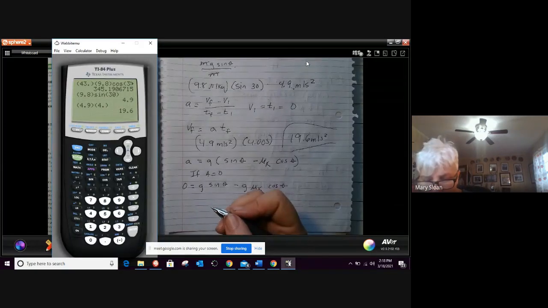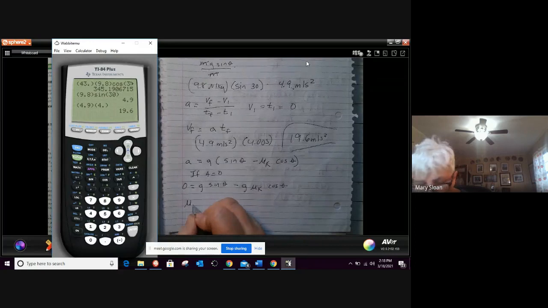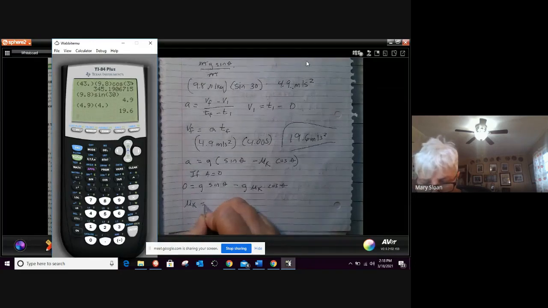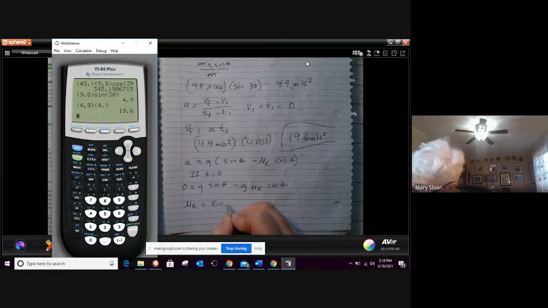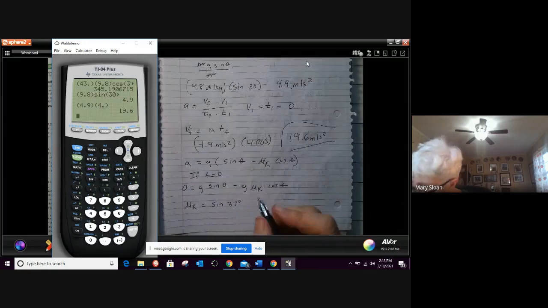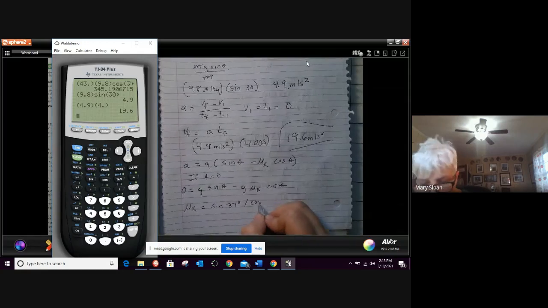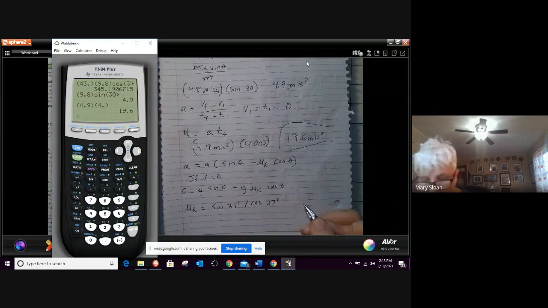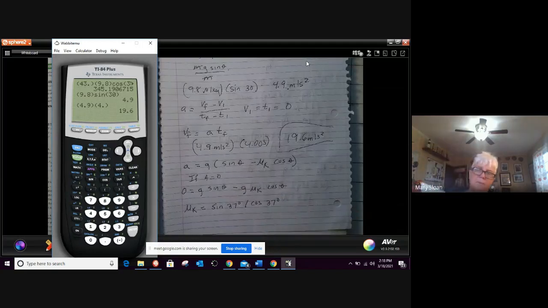Then I know that my sliding friction has to equal sine 37 degrees divided by cosine 37 degrees. So based on that, if I did sine 37 and close my bracket, I got 0.60.